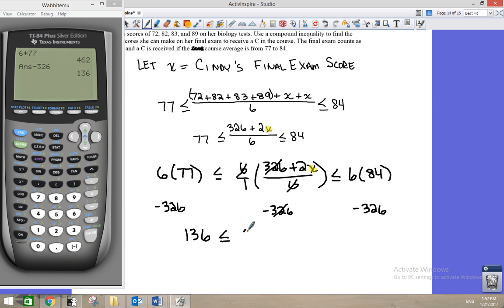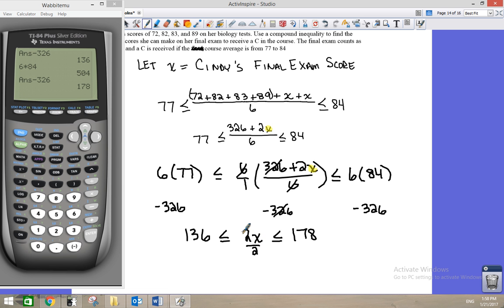When I take 6 times 84, that's 504, but remember I'm subtracting 326 from that. 178. Now I've almost got this x by itself.